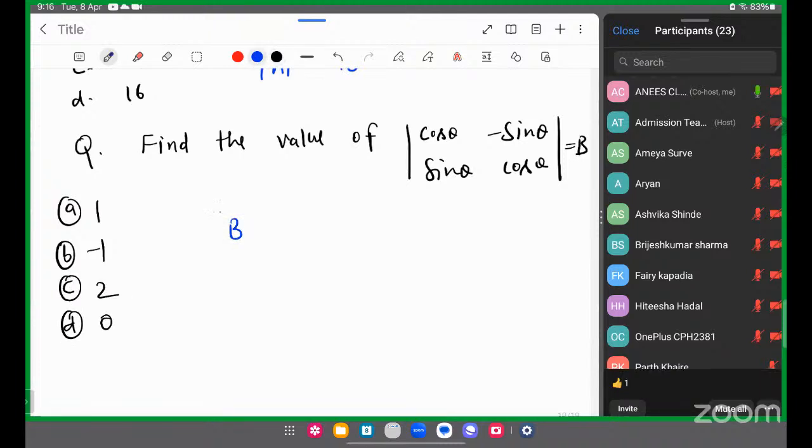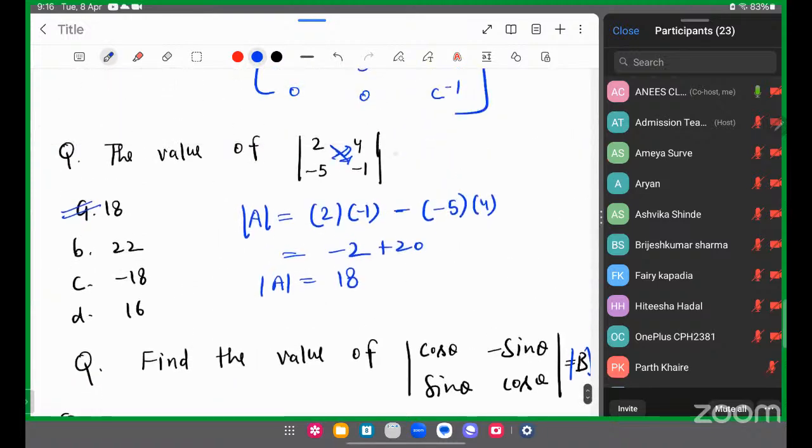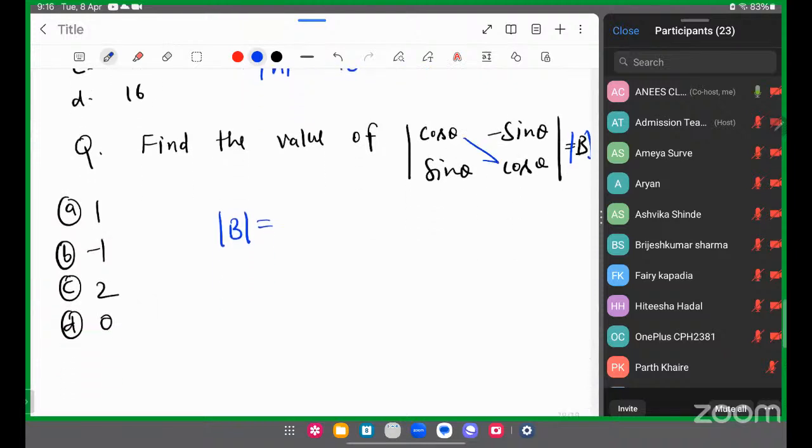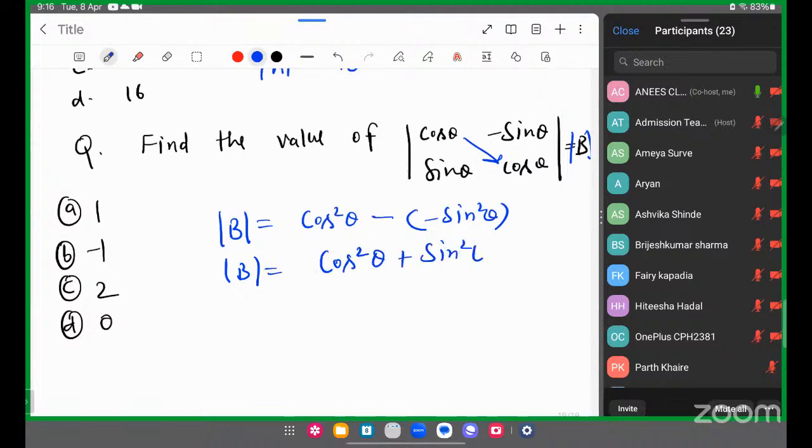So matrix B will give determinant of B, and this will be cos theta into cos theta, cos square theta, minus sin theta into minus sin theta, minus minus sin square theta. So determinant of matrix B is cos square theta plus sin square theta, which is 1. So answer will be 1, which means option A is correct.